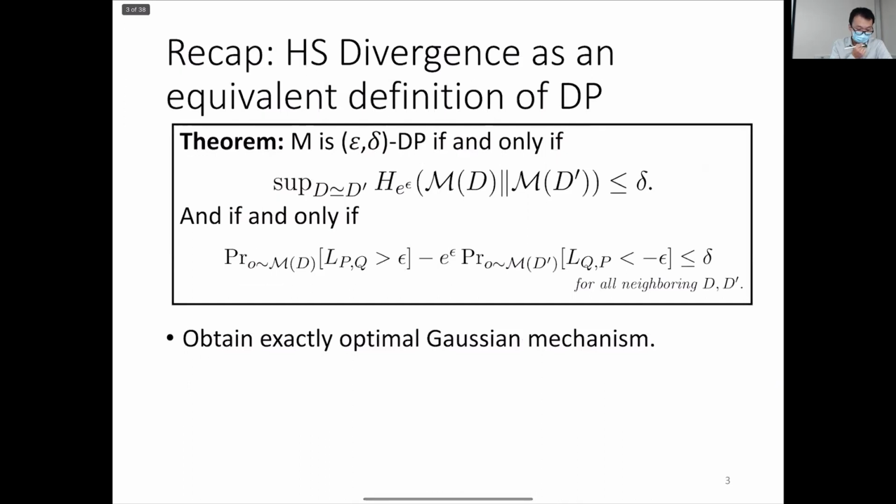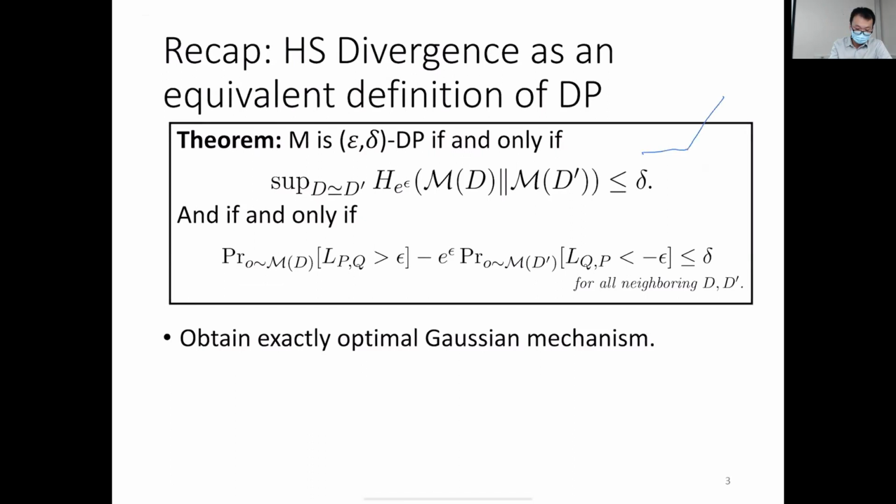The hockey stick divergence is one particular f-divergence, when the f function is taken to be the rectifier function, 0 on the left and then linear at this alpha parameter. It measures the discrepancy between two probability distributions.